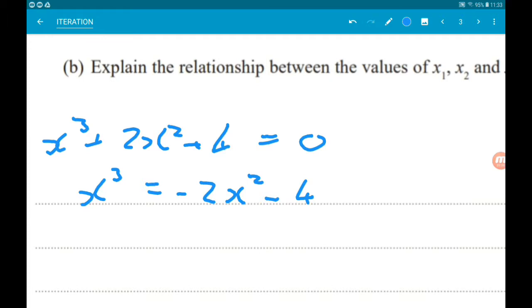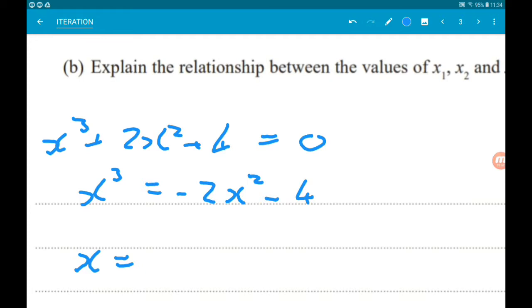Now to get from x cubed to x, we have two options. We could cube root, but that's not going to make it look as it does above. What we're actually going to do is divide through by x squared. So we're going to get x is equal to minus 2x squared over x squared.